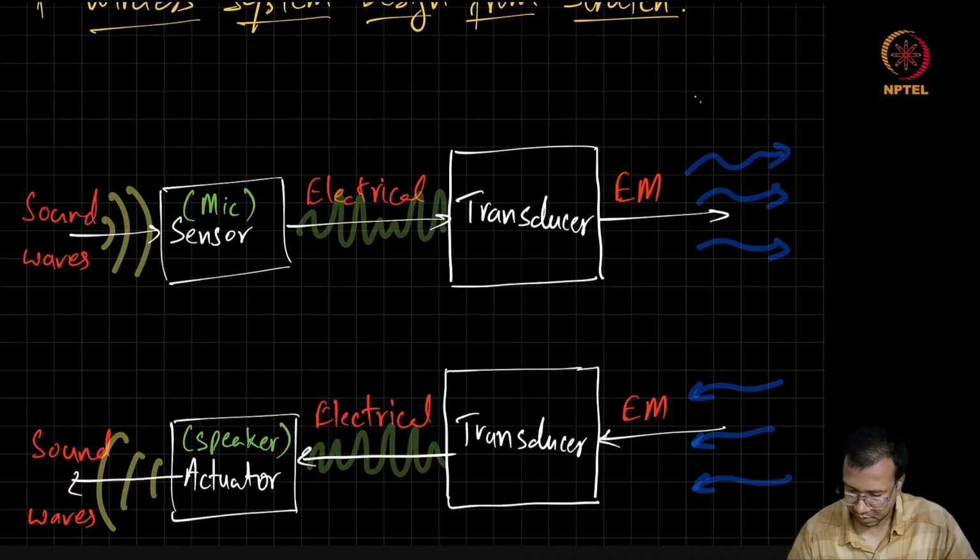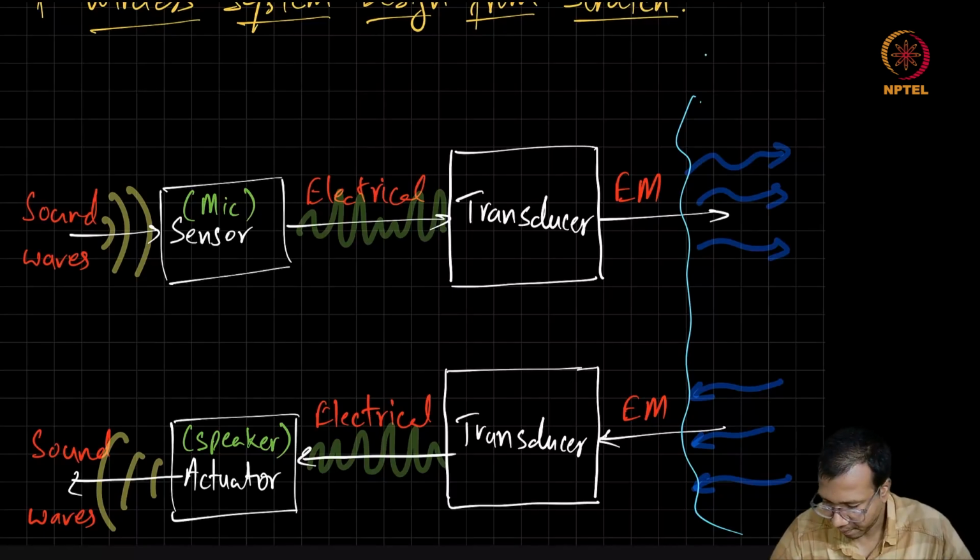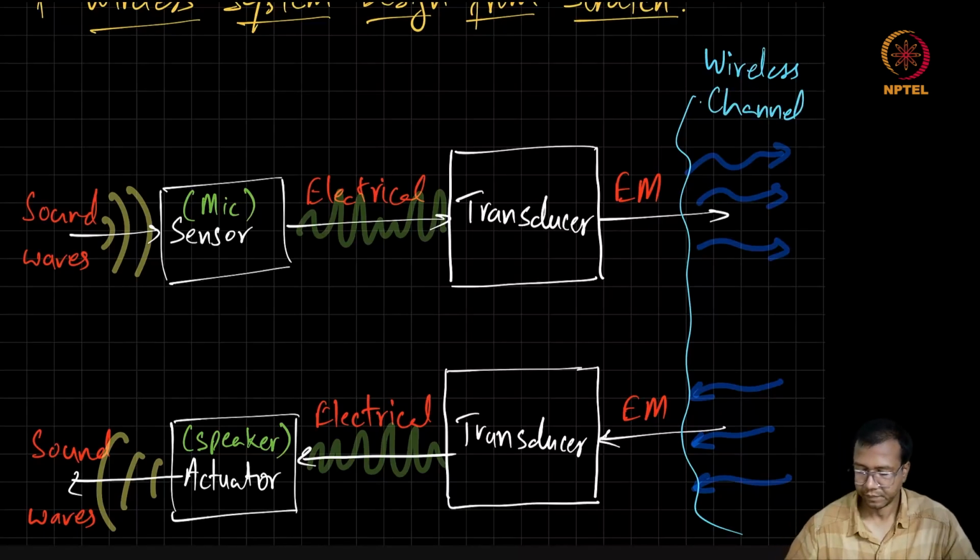And this medium in which this wireless propagation happens is also called the wireless channel. Okay, so I hope this simple wireless system is clear to all of you.